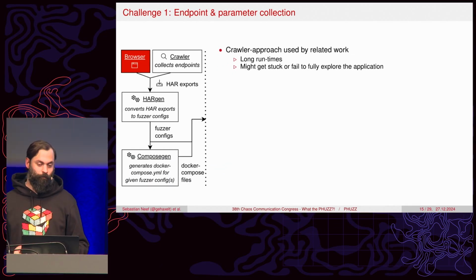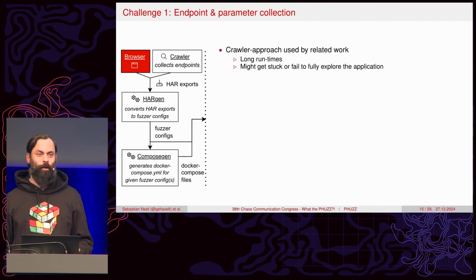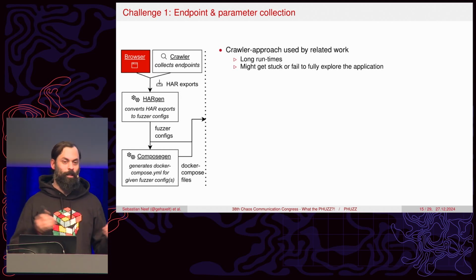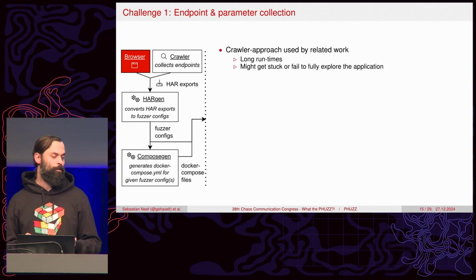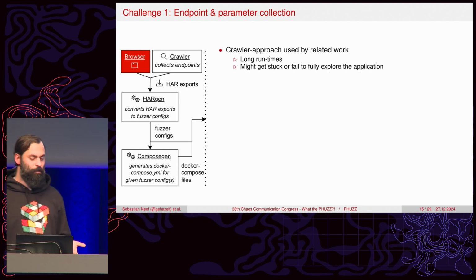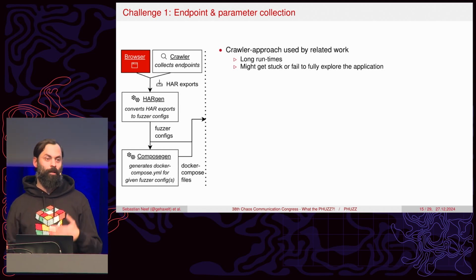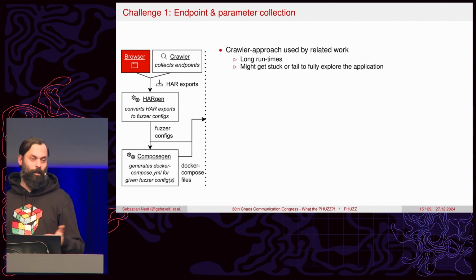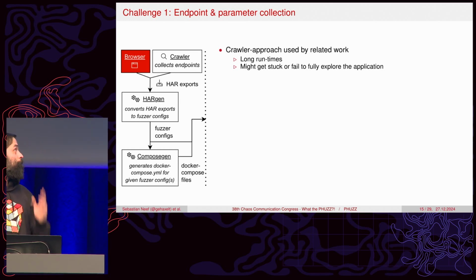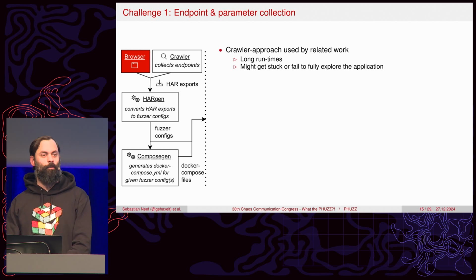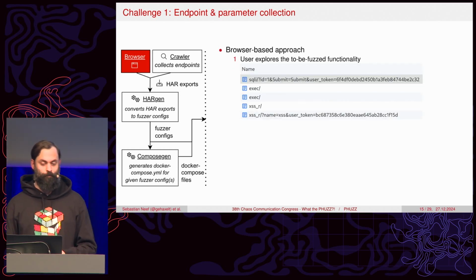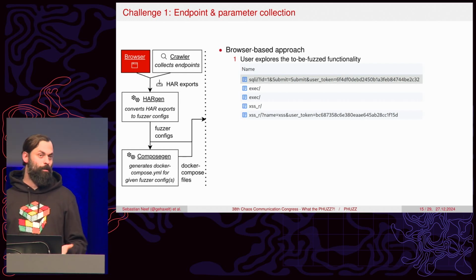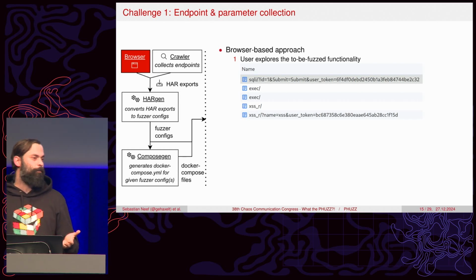I believe a crawler-based approach might not be the optimal way to find the endpoints that we want to fuzz, because the crawler might get stuck, it might not have the capabilities to use some interactive website functionality, or it might fail to fully explore the application by not finding some endpoints in some hidden JavaScript files or whatever. So let's try to do something different that also allows more directed fuzzing. We came up with this browser-based approach, which is manual, but it's only manual in the very first step in the beginning.